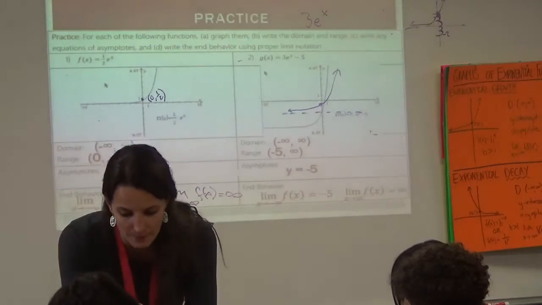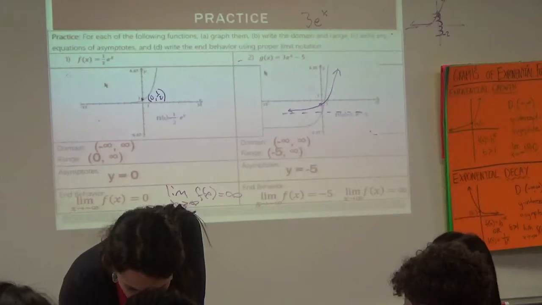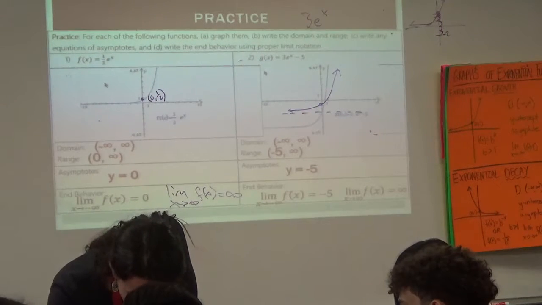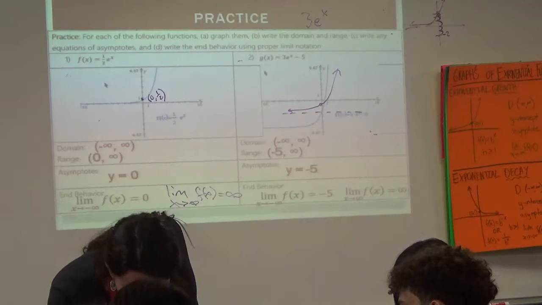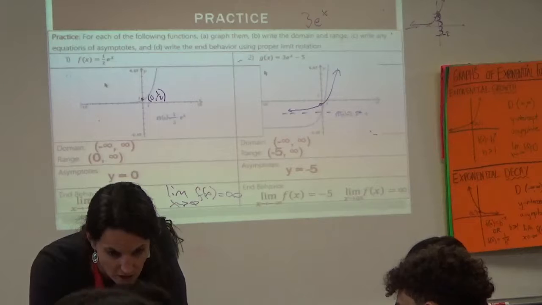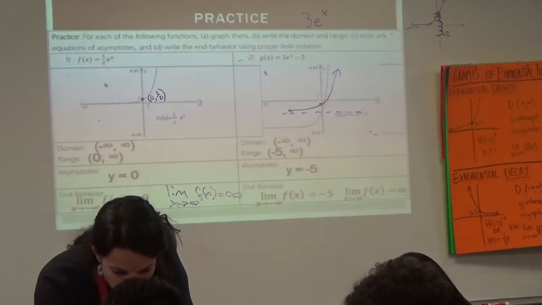You're not shifting up 3. You're stretching up. Right. 2, 3 now. And then stretch the other distance from there. Now we're going to take this graph and shift it up 5. That'll be the asymptote.